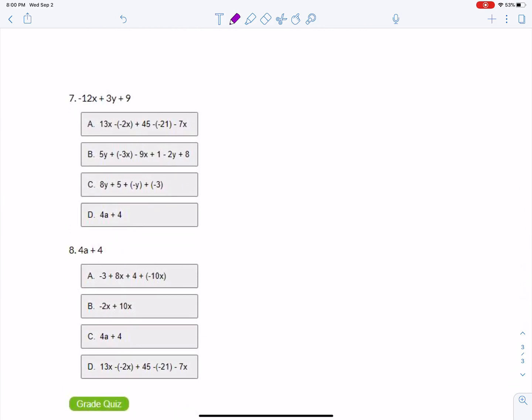Do the same thing here. This has an x and a y, but it doesn't have any other friends. So no like terms. So we need to find one that has x and y. This doesn't have a y. So this one isn't it. This one doesn't have x or y. So this one isn't it.